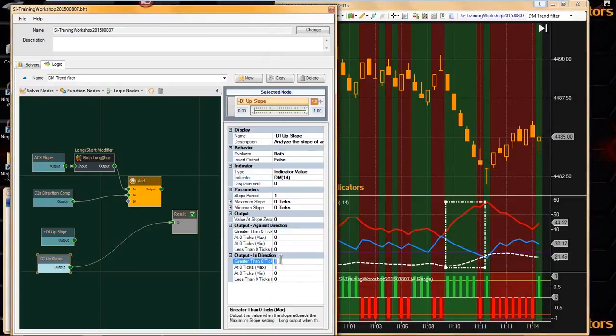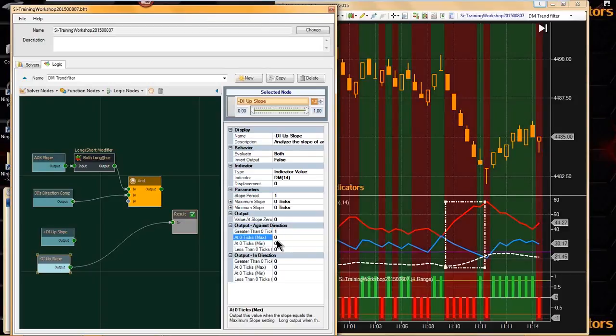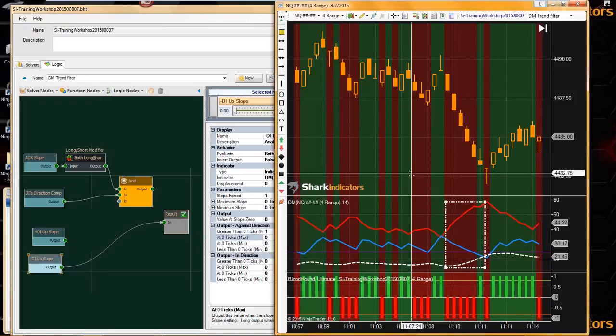So what we can do is we can use a different output here. So I'm going to turn the output in direction, turn that off, and I'm going to turn the against direction, I'm going to turn that on. So essentially that kind of reverses our slope directions.